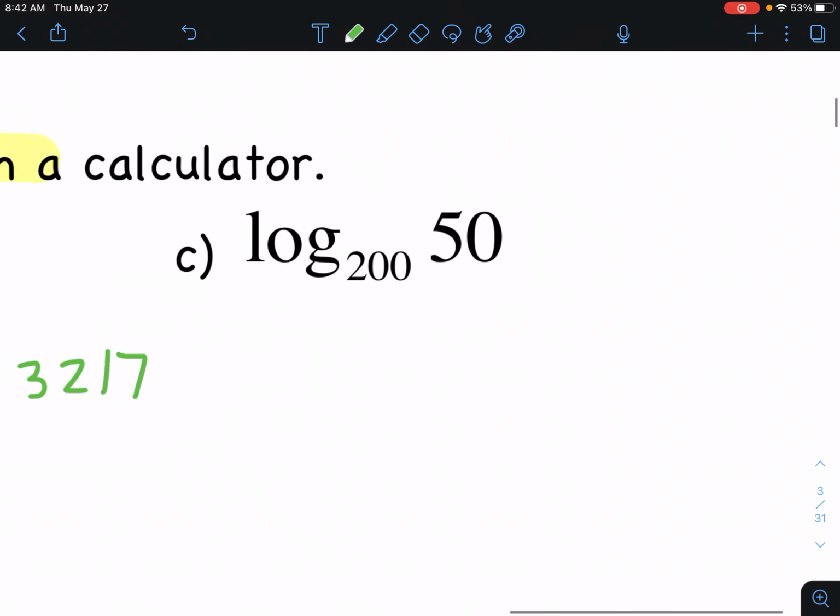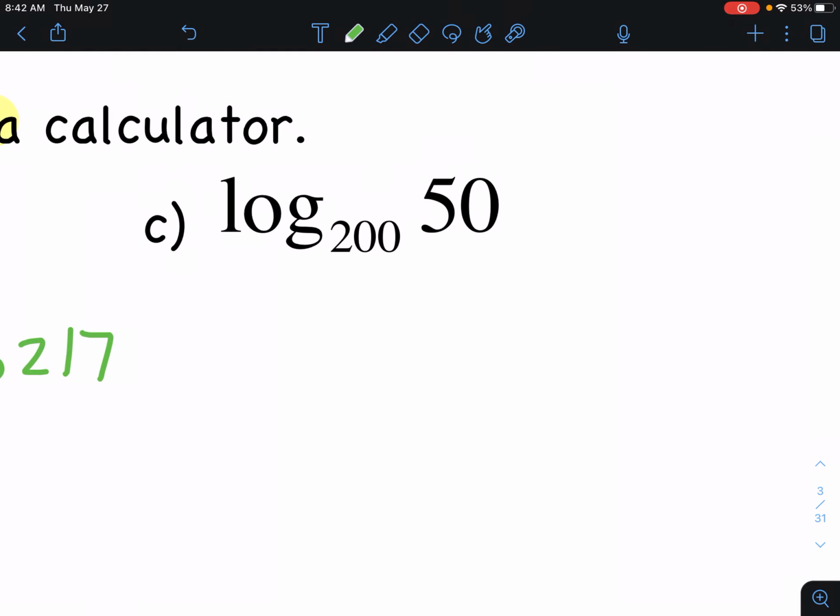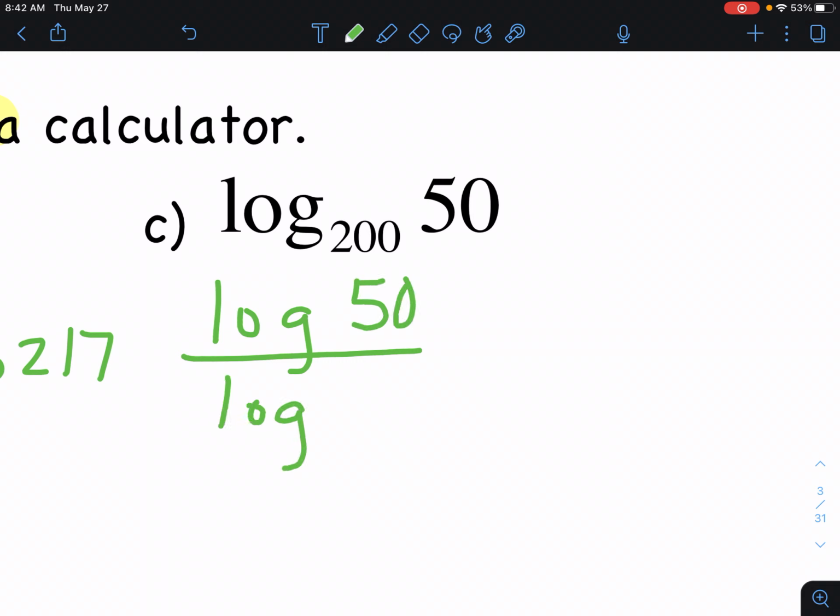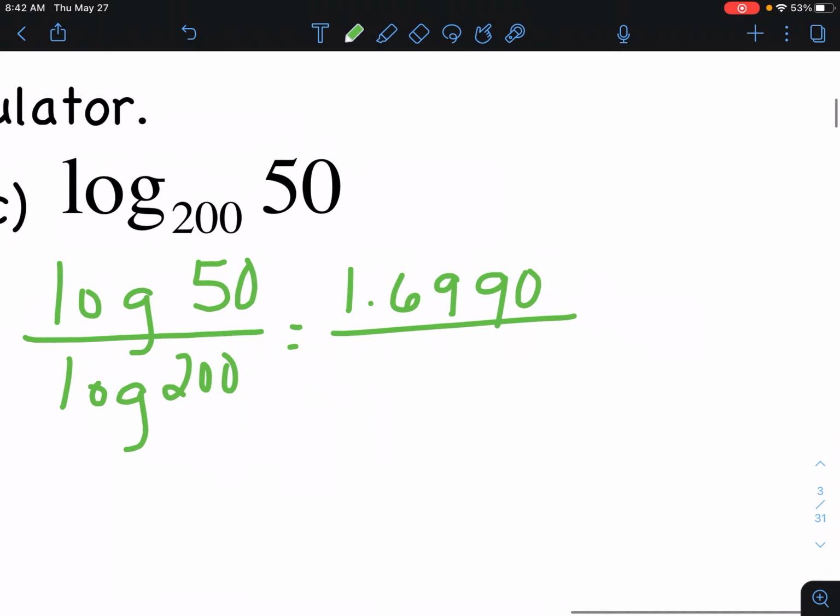Let's try another one. Letter C. Remember, the little base is the denominator, so 50 will be on the top. Log of 50 divided by log of 200. So go to your calculator, log of 50, 1.6990, carefully rounding there.